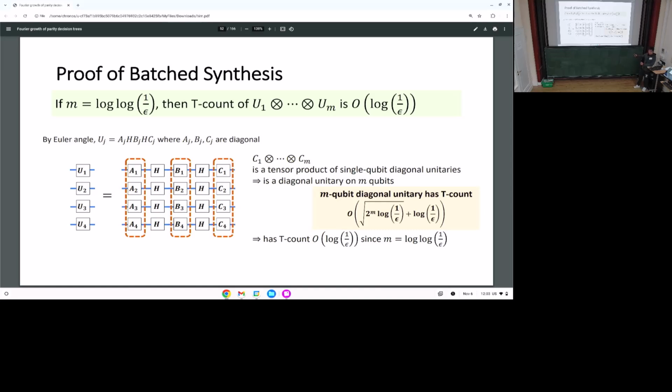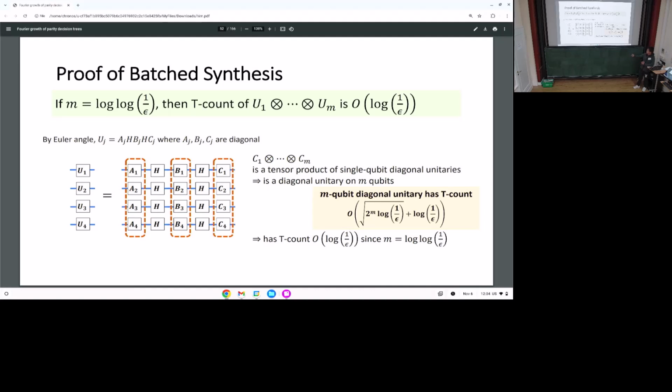This is a very simple direct proof, and as I mentioned, this log 1 over epsilon is tight because you need it even to implement just one of them. But it's an open problem whether this is the best you can do. I would suspect not, because this argument is so simple.